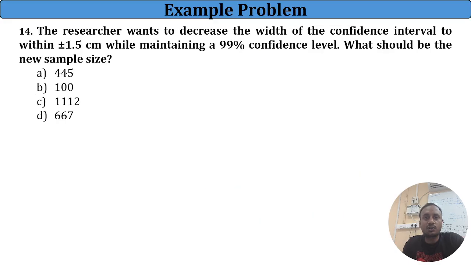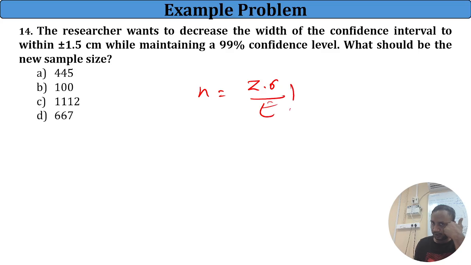Okay, so this is the last question actually. The researcher wants to decrease the width of the confidence interval to within 1.5 while maintaining 99% confidence. What should the sample size be? We all know that. N is equal to, we know how much? Z times sigma upon E, to the whole square. Z we know, 2.58. E is 1.5 centimeter.